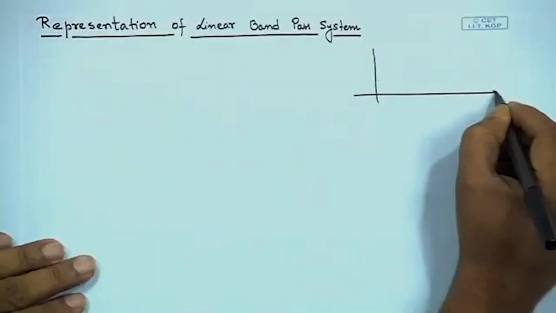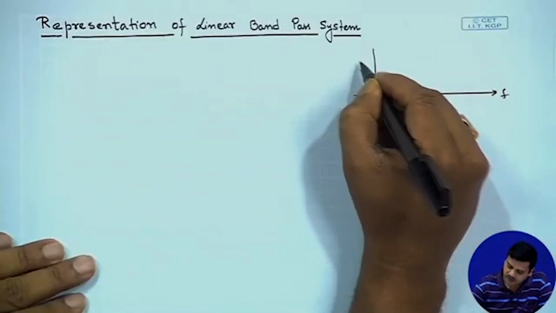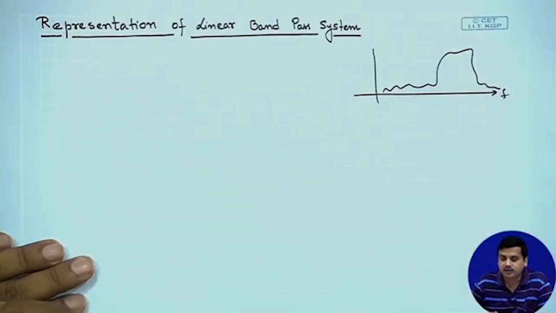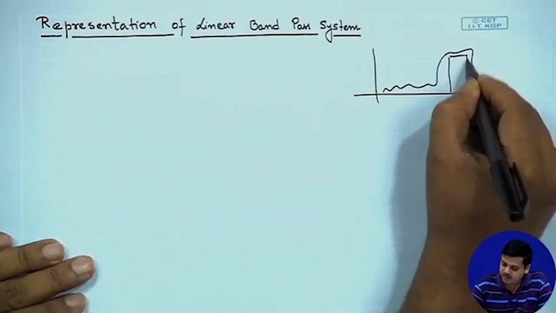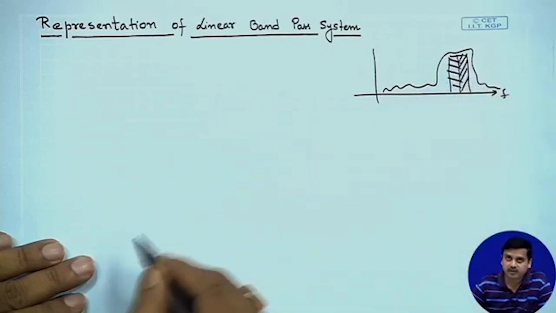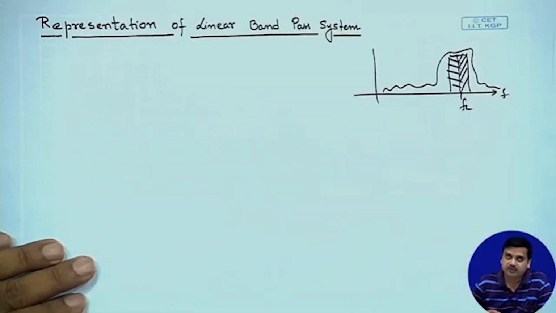We have already described this picture we had drawn before, this is f and this is, let us say, the channel gain. So, a channel could have a gain like this, and you would like to restrict your signal to this particular band within the channel, and the center of it is f_c.